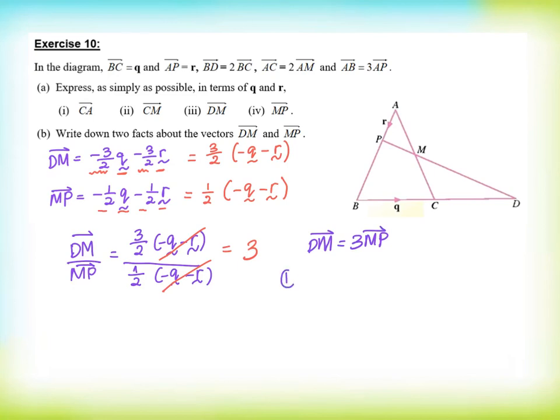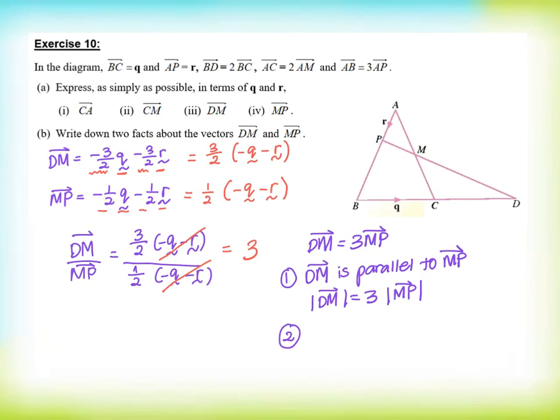Fact number 1, DM is parallel to MP such that the magnitude of DM, or the length of DM, is 3 times that of the length of MP. Fact number 2, let us observe I have D to M, M to P. M is a common point.